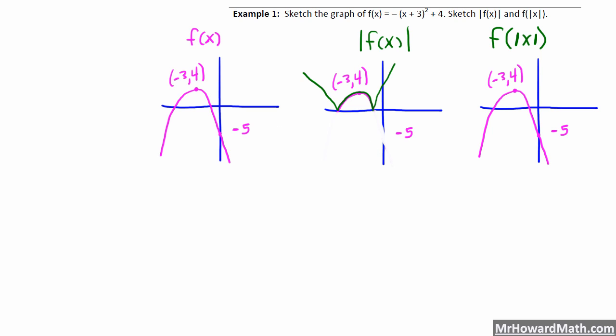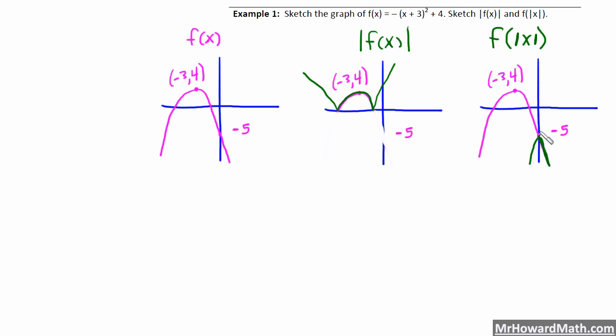Now let's look at f of absolute value of x only. Because we're only talking about the absolute value of x now, just that reflection, all of the positive x's, so this portion right here, are now reflected over the y-axis, so this thing becomes symmetrical about the y-axis.